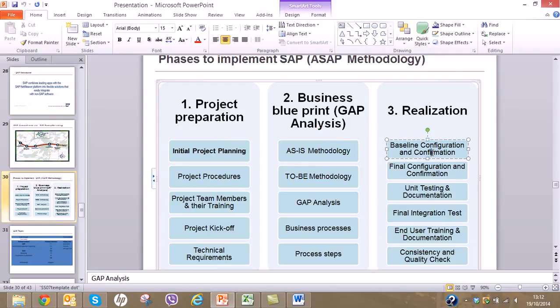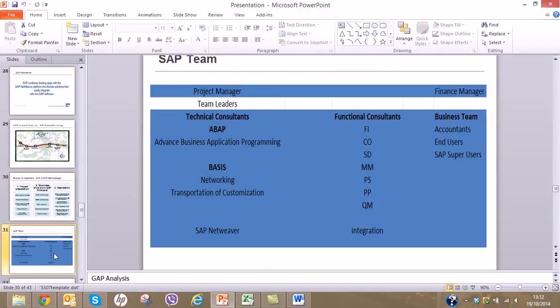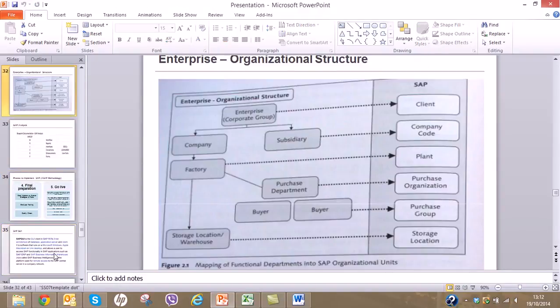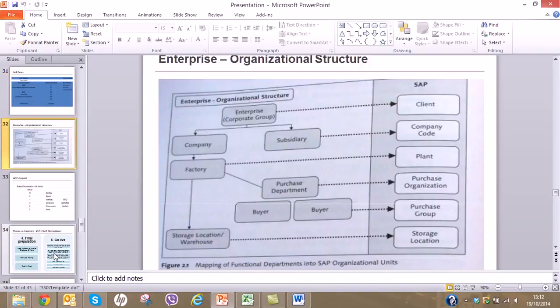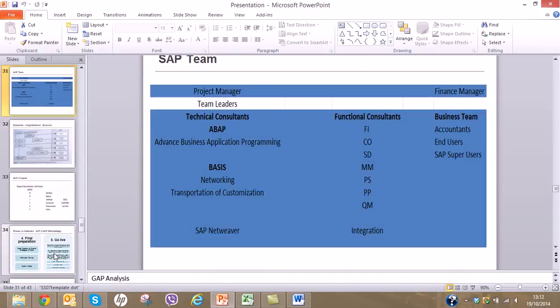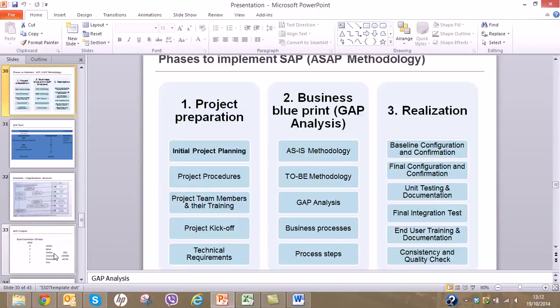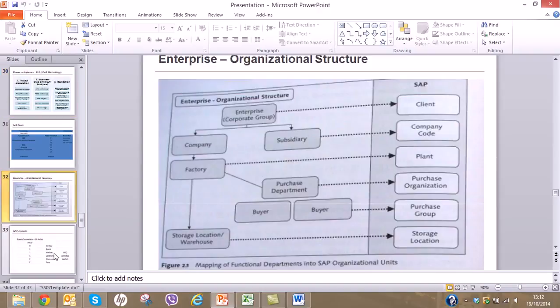In the realization phase, you have to configure everything. In the as is to be methodology, as you can see in this picture, you can compare this is as is and this is to be.